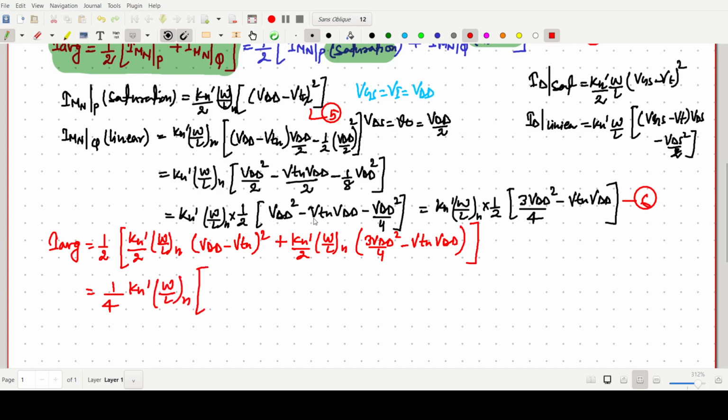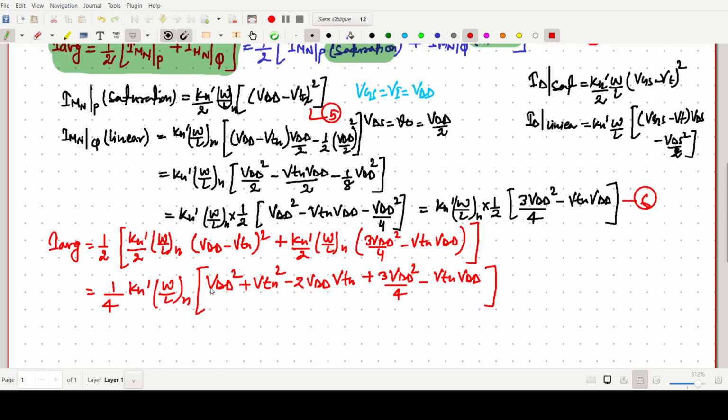Okay. Now we have to break this one. So it should be VDD square plus VTN square minus twice VDD VTN, plus 3 VDD square by 4 minus VTN VDD.